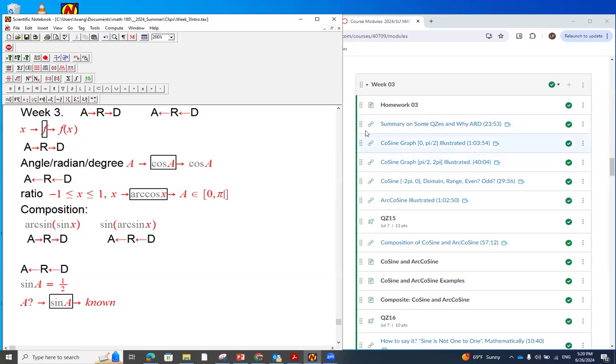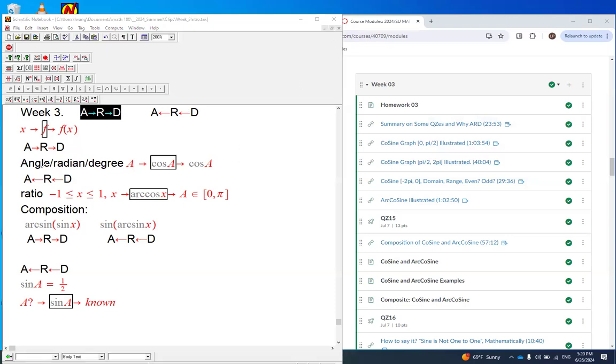In the first few sections, the summary on who is ARD, why ARD, and the cosine graph, that's A to D, that's all A to D. Let me draw a little arrow for you to see, right?